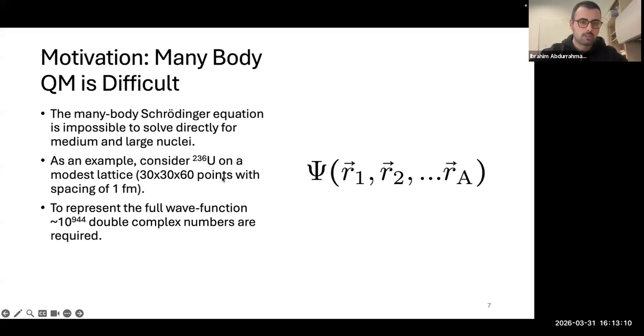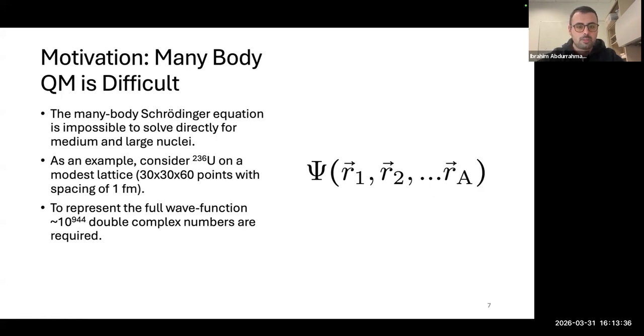This is what we'll actually do in fission calculations. How many complex numbers would you need to represent the many-body wave function? If you ignore spin and isospin, you take the lattice raised to the number of particles, and you get an enormous number. So you know you cannot treat the problem directly.